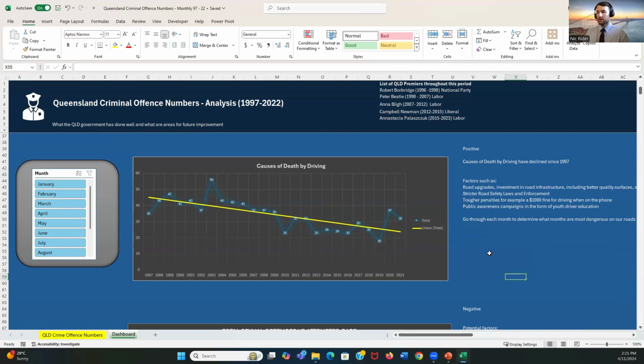So next we're going to go to causes of death by driving. Here we can see a decline, or a downward trend. You can see here that 56 was the highest in 2003. We saw the most deaths throughout the period of 97 and 2021. If I'm looking here, we know that this has been positive due to things the government has performed well, such as road upgrades and investment in road infrastructure.